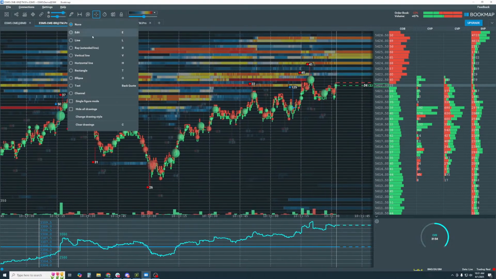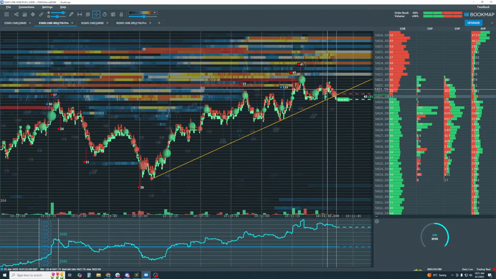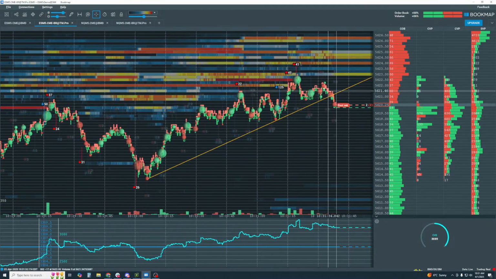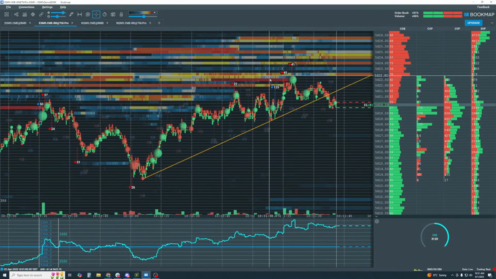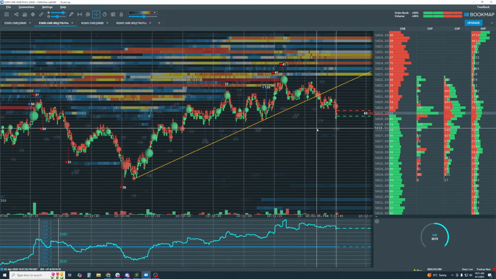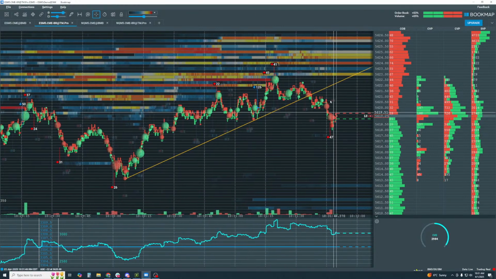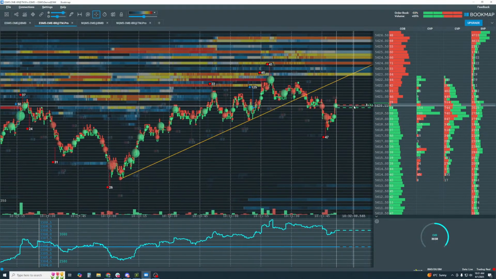All right, so let's take a look at this structure again. So now we're at our level again, and we're looking to see some structural breaks up into this area after trading into some of the liquidity. Okay, so we've already got this kind of structural break here, but I don't think we're quite out of the woods yet.